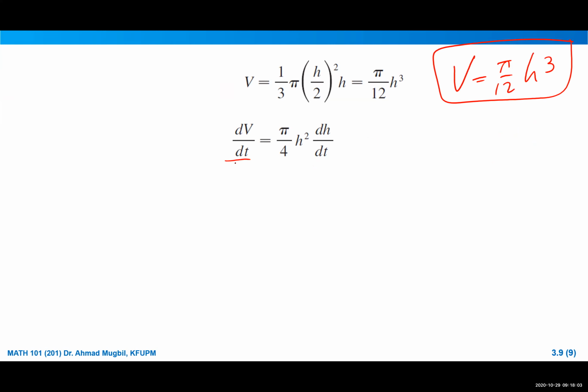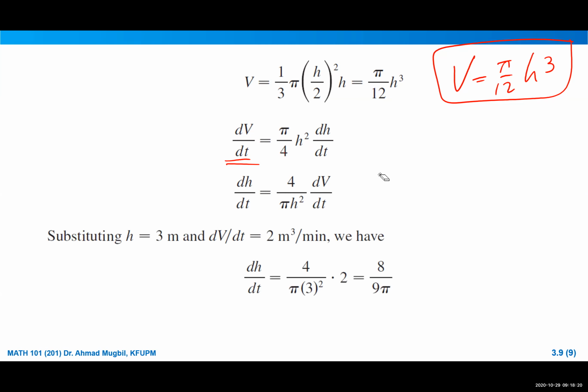Now I have this. By the way, he gave me h, and I need this. So solve it for dh/dt. Divide both sides by this. It will be 4 over pi h squared. Now substitute. H is 3 and this is 2. So this is 2.